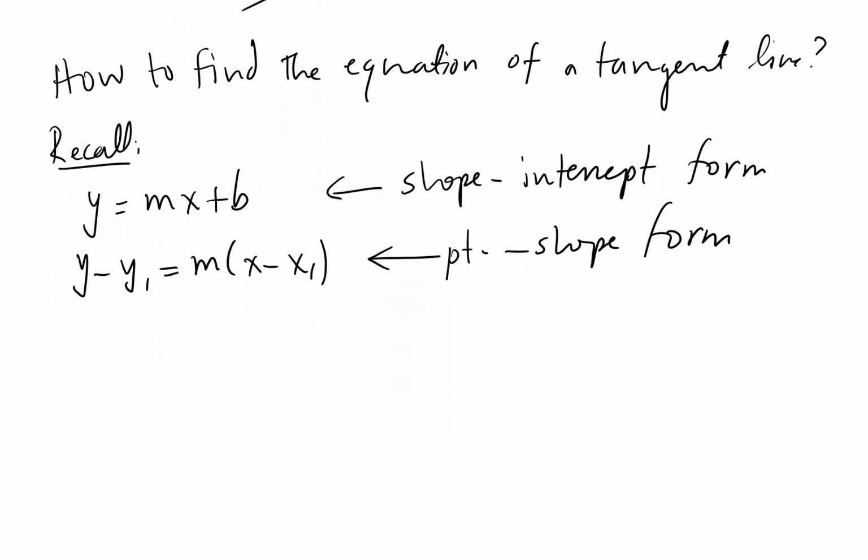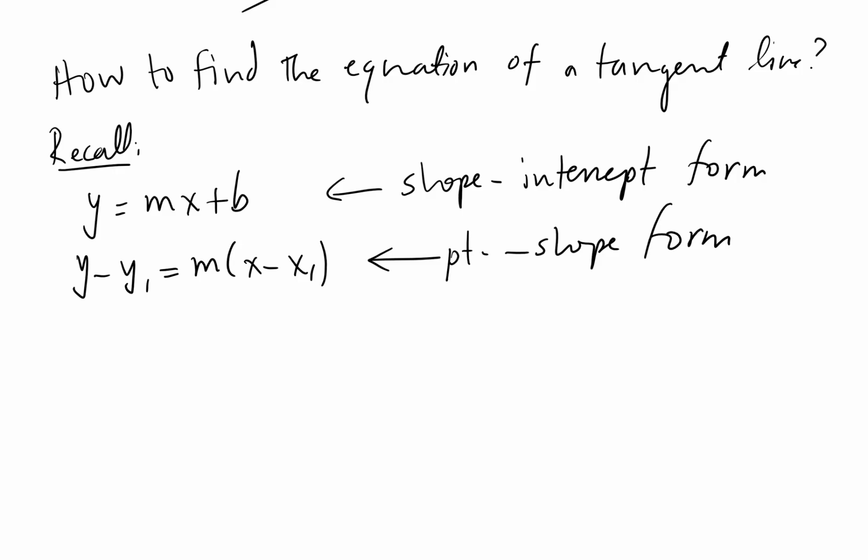To find the equation of the first line, you need a slope and y-intercept. To find the equation of the second one, you need a point and a slope.